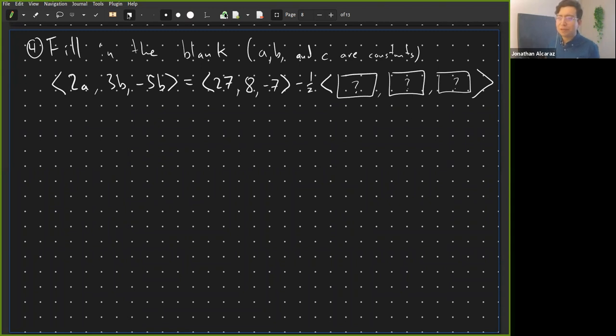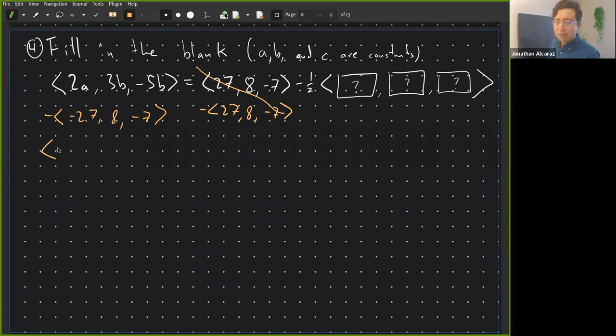So what I'm going to do first is subtract this vector here, this minus 27, 8, negative 7. I'm going to subtract this vector from both sides, just like if we were solving a regular old equation, right? Again, we're solving for these blanks here. So over here, they cancel. And on the left-hand side, I'm subtracting vectors.